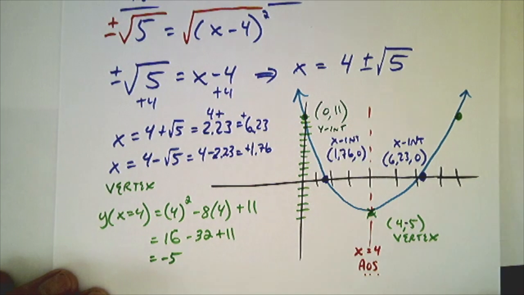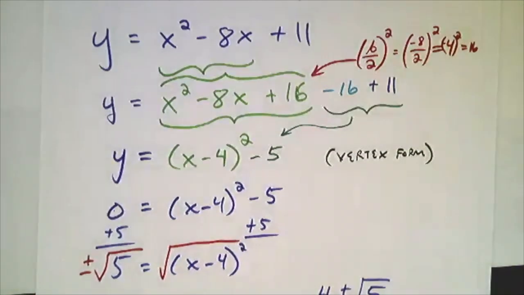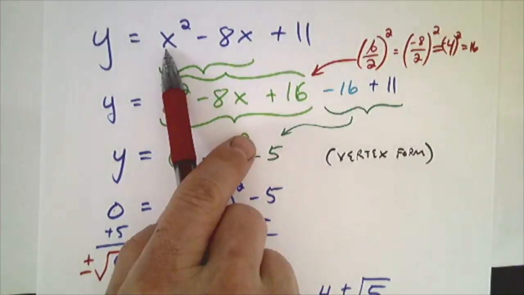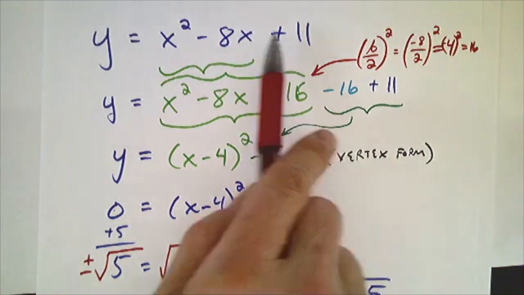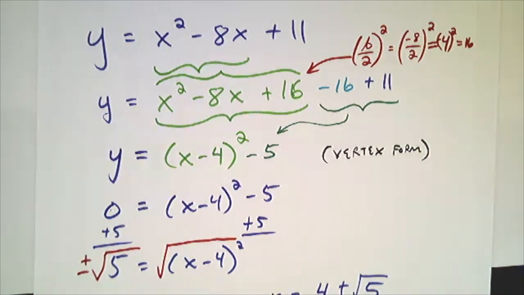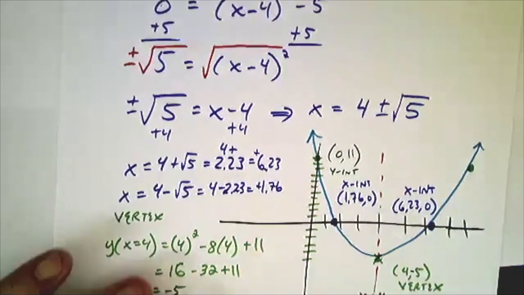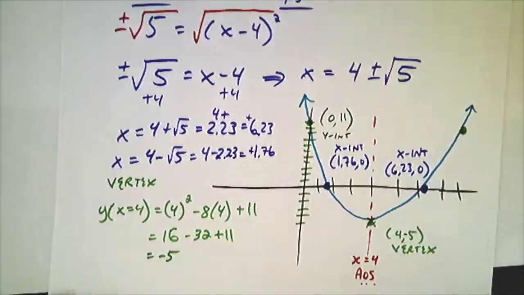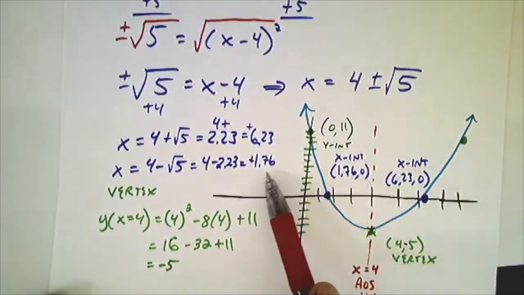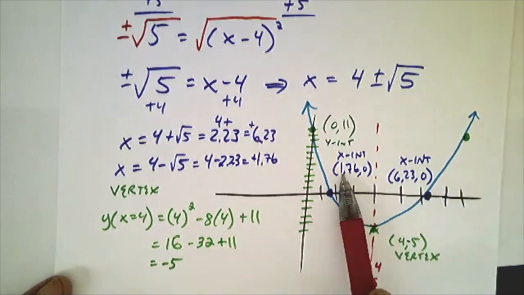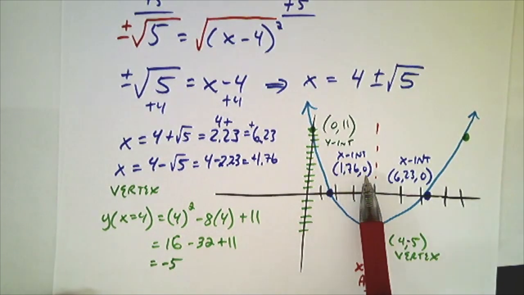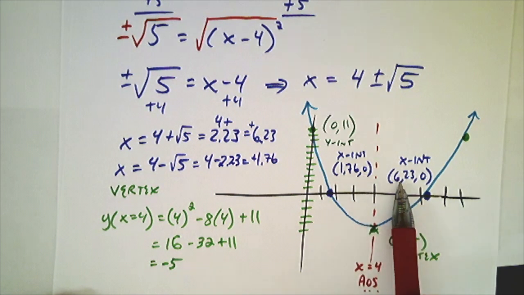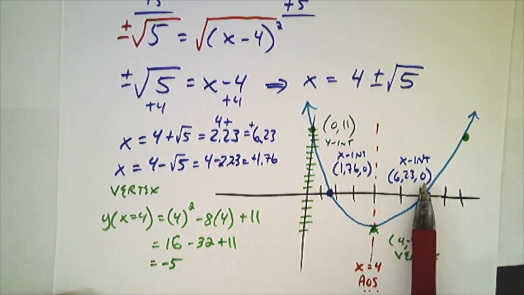And the easiest way to find that, of course, is here, setting x equal to 0, and we have y equals 11. And then the two x-intercepts we have already found: x is 1.76 when y is 0, and x is 6.23 when y is 0, two values.